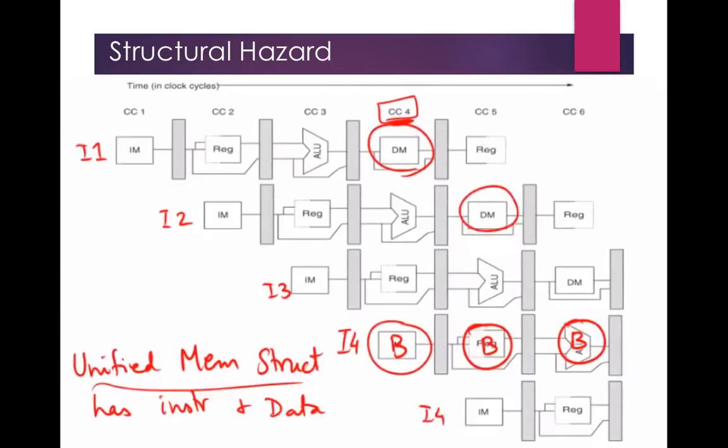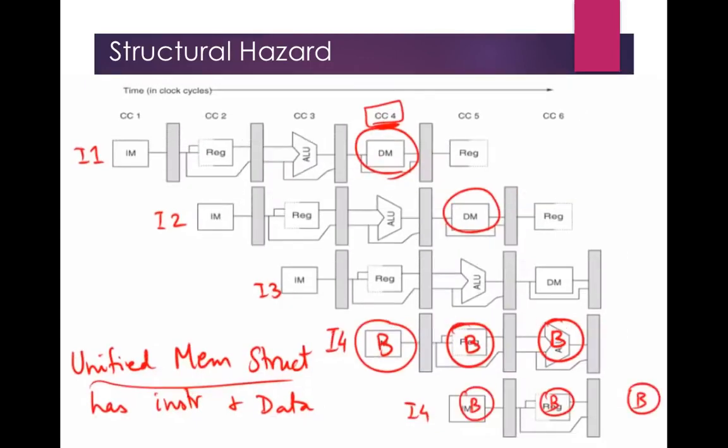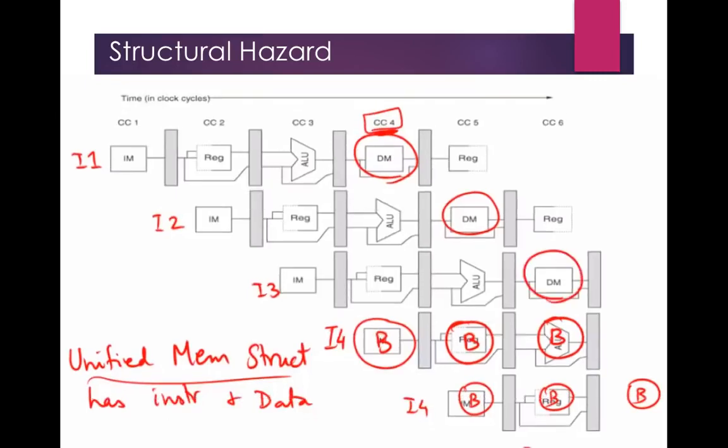When we go for DM for instruction 2, that is the time we are again storing the result at clock cycle 5. So the conflict occurs again, instruction 4 cannot be done at that time, so again we go for a bubble. Similarly, at clock cycle 6, if we try again, instruction 3 conflicts, so we can't fetch the instruction at clock cycle 6.